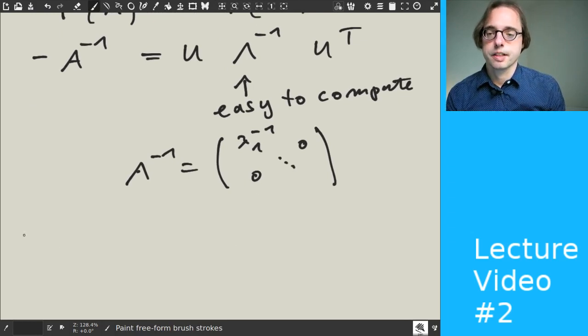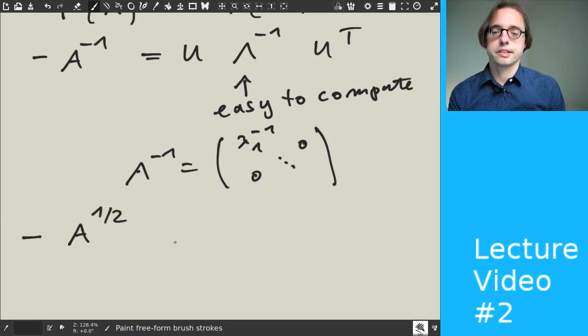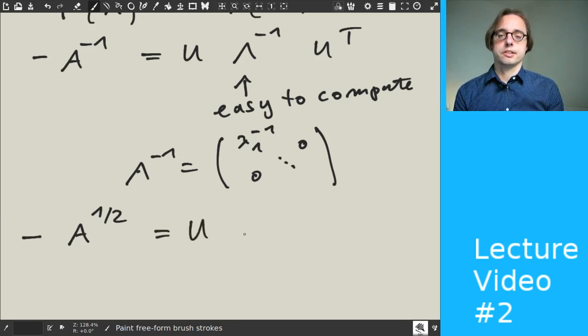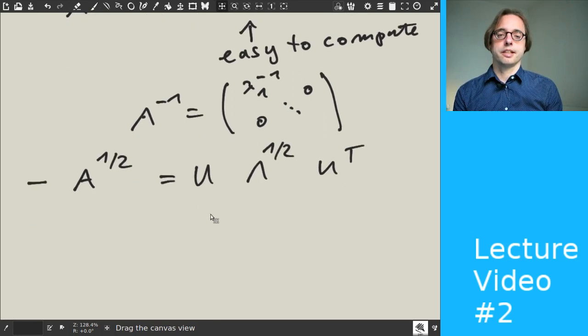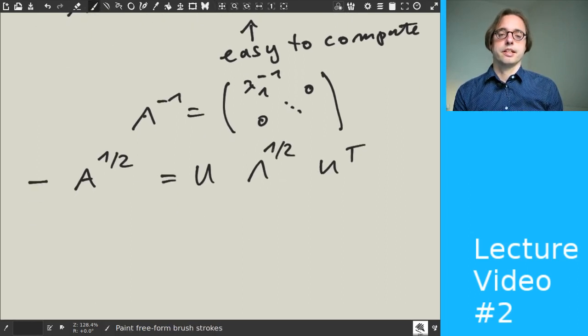In the same fashion you can compute the matrix square root. The matrix square root is simply U times the square root of the eigenvalues, Lambda, and U transpose. And of course we know that, let's say we have 10 eigenvalues, then for the square root we can have either a positive or negative sign, so we have two possibilities for each eigenvalue here. So we have many different square roots, so it's not unique, but we define the principal square root.